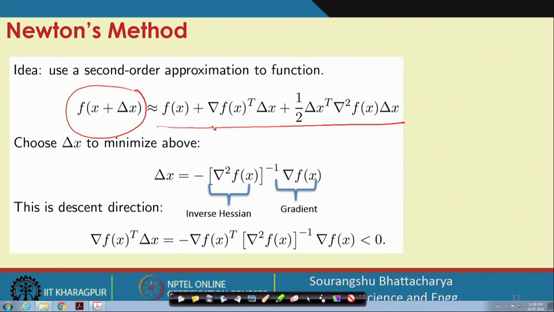This quantity is minimized if we just differentiate this with respect to delta x. Then we see that the optimal value of delta x turns out to be this. And as you can see, this is also a descent direction.